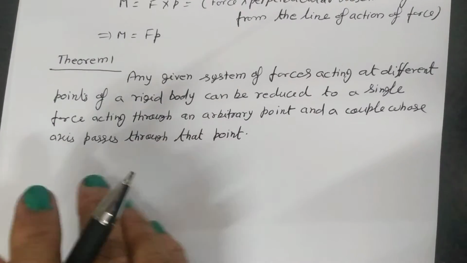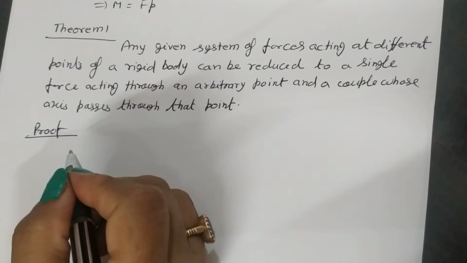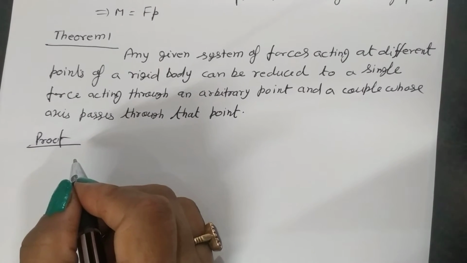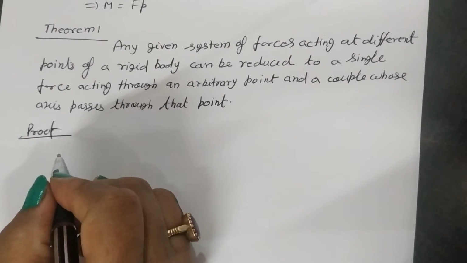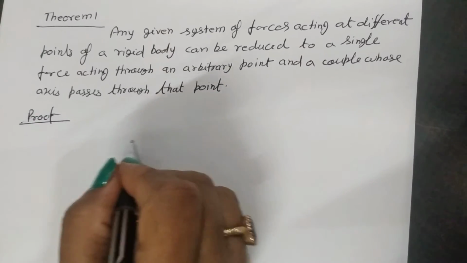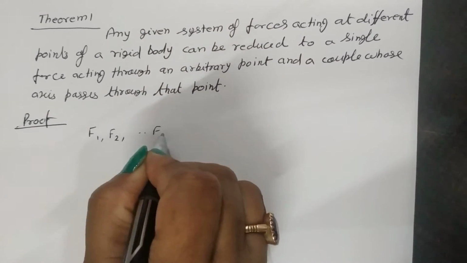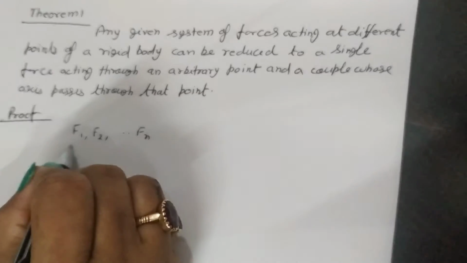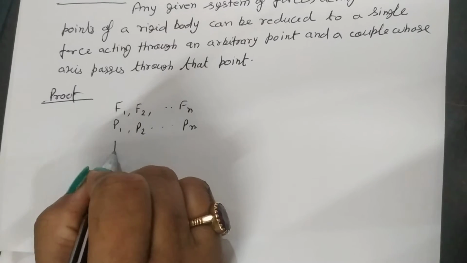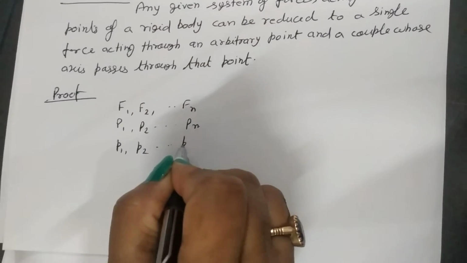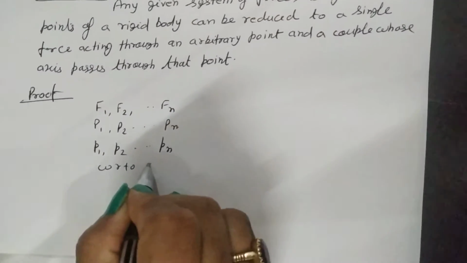Now we prove it. The proof of this theorem: let a given system of forces acting at different points of a rigid body consist of forces F1, F2 up to Fn, acting at points P1, P2 up to Pn, with position vectors P1, P2 up to Pn with respect to an arbitrary point.